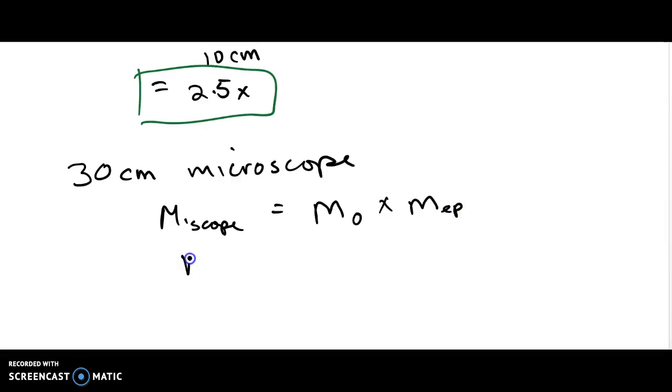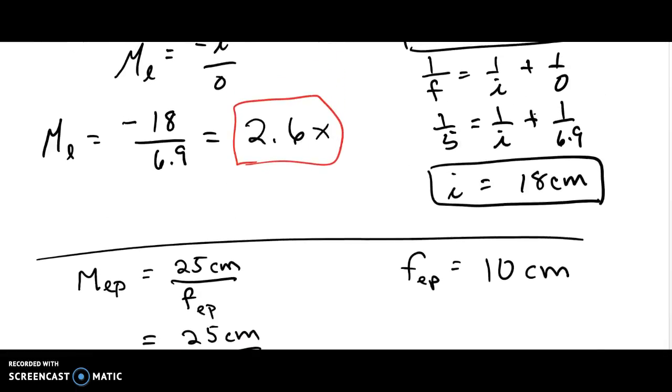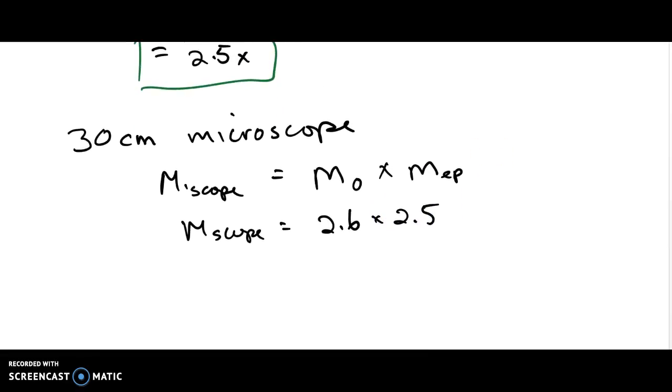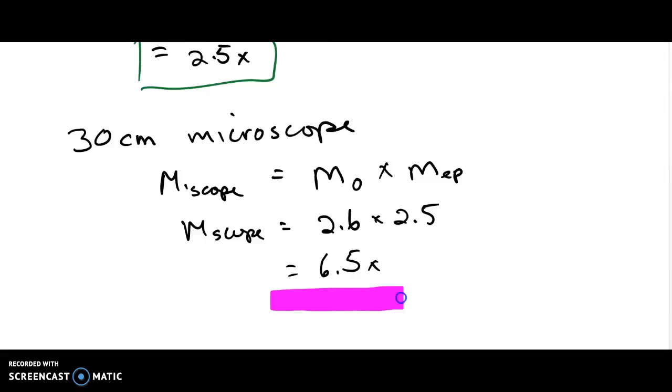Okay, so that is 2.6 we got up here, times 2.5 we got for the angular magnification, and that equals 6.5 times. So our overall magnification of our microscope is 6.5 if these were the data that you got.